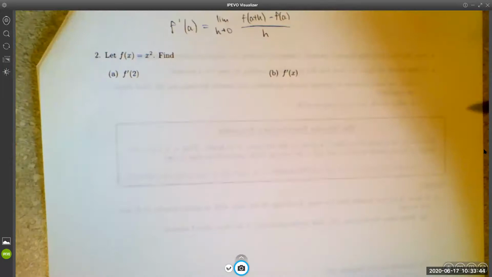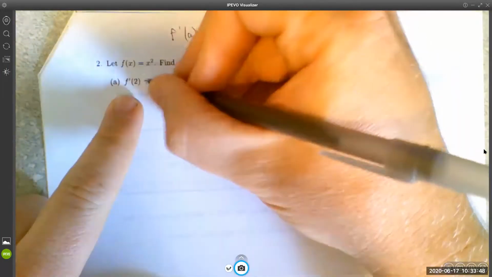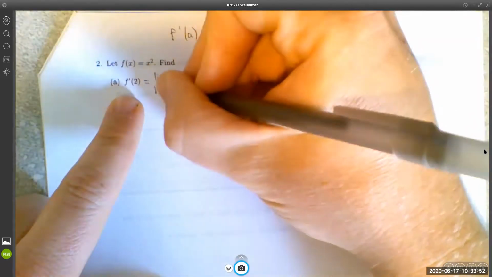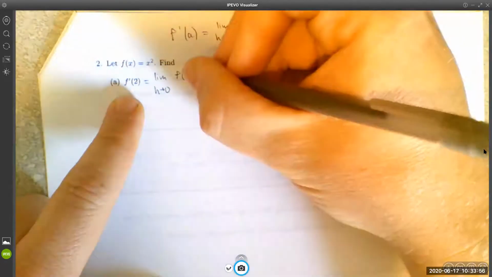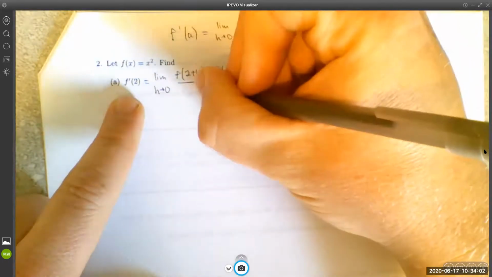That's the definition. So let's see, f prime of 2. This should be limit as h approaches 0 of f of 2 plus h minus f of 2 divided by h.